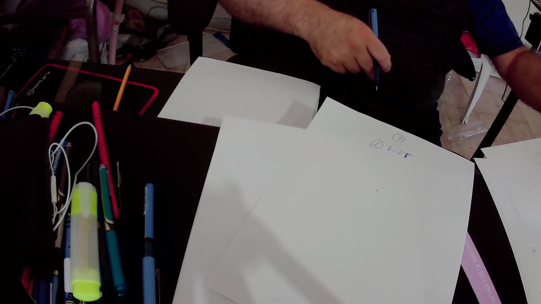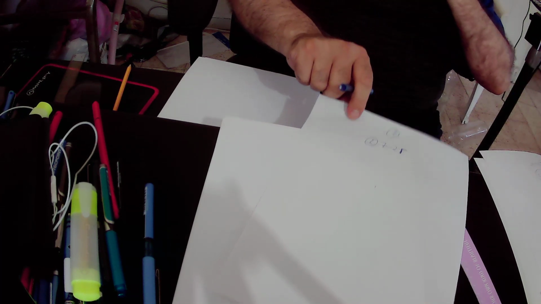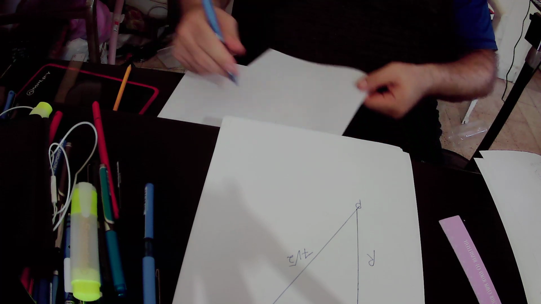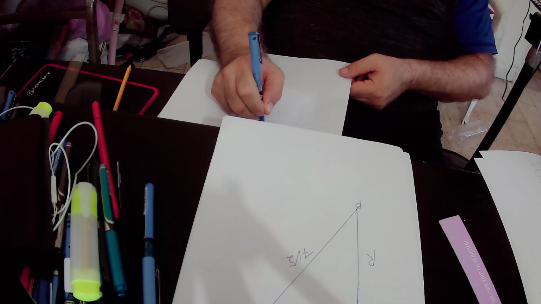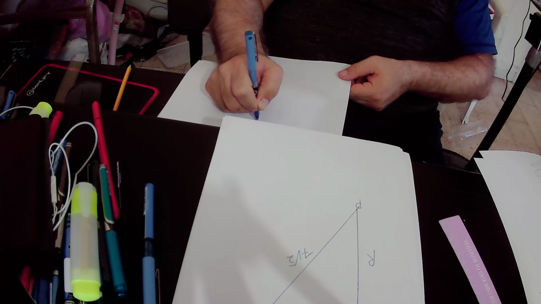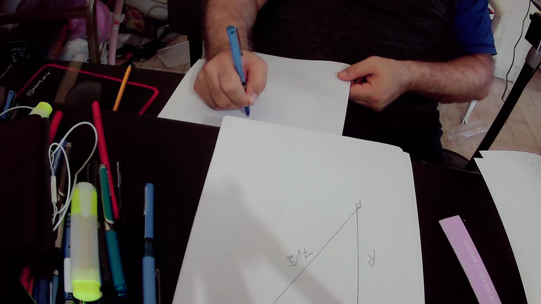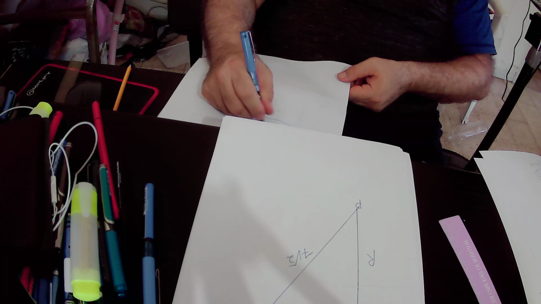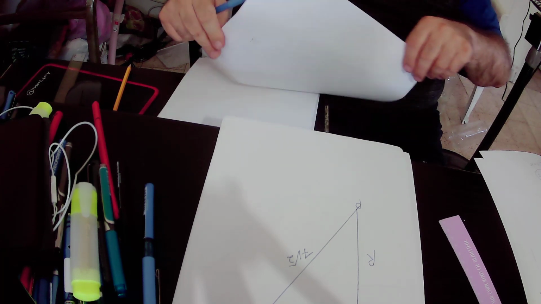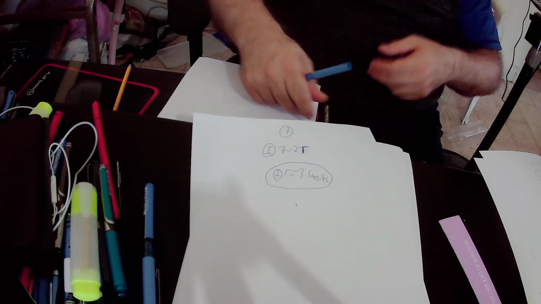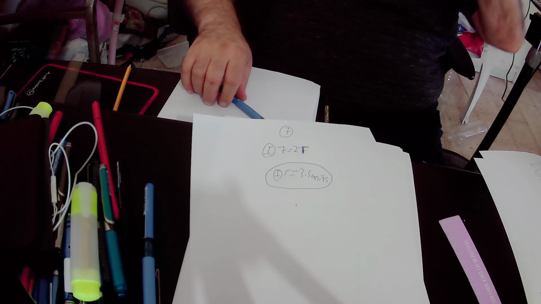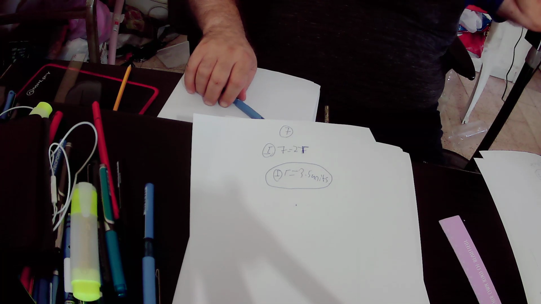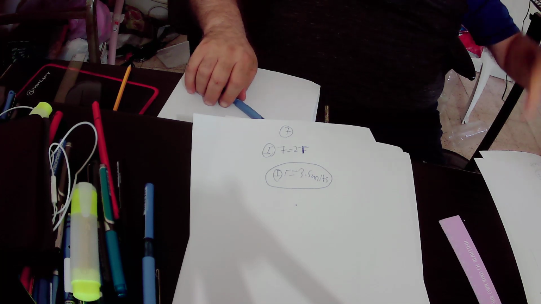We can divide the equation by 2, so we will get that small r equals 3.5 units, because 7 divided by 2 equals 3.5.